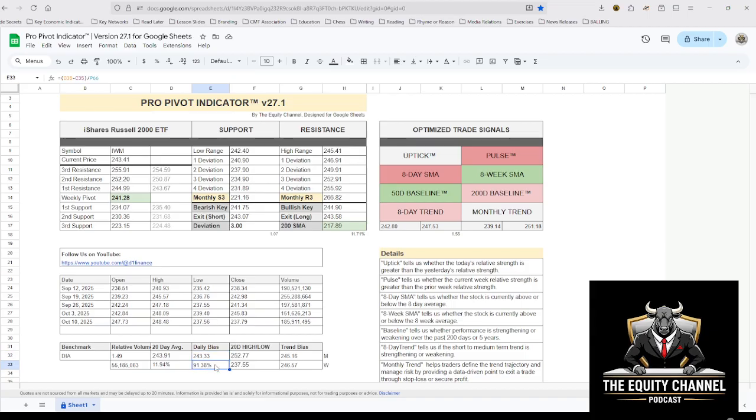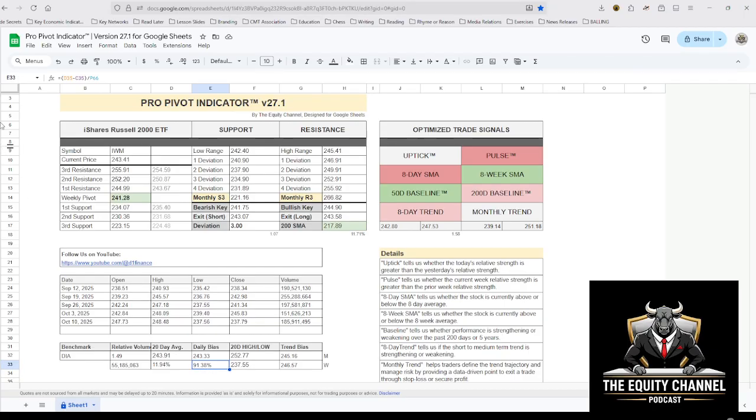You also have your range right here, and we'll talk more about that in a second. Basically, this is how much of the average range you have already used up in the day. This one says 91.38%.